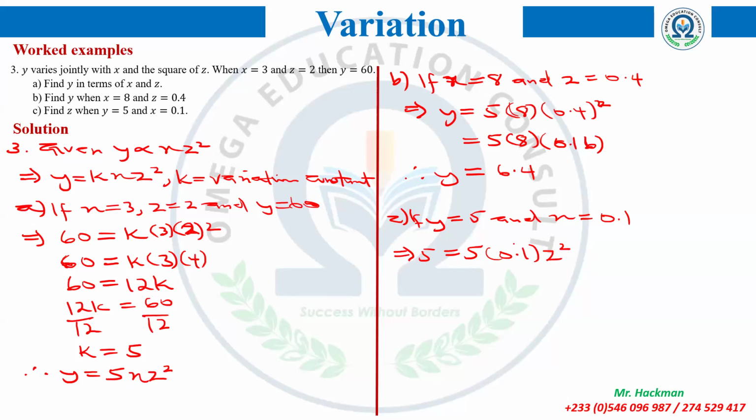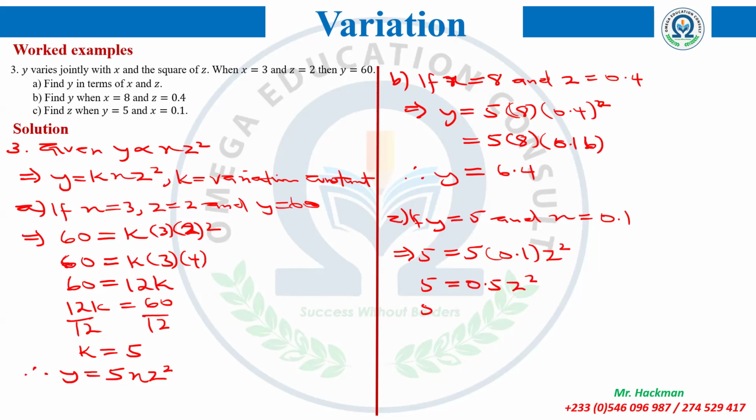So at this point, let's work on the coefficients of the z squared. So 5 will be equal to 5 times 0.1, which is 0.5. Which indirectly is half, then z squared. So now you write this again, then you divide by 0.5.